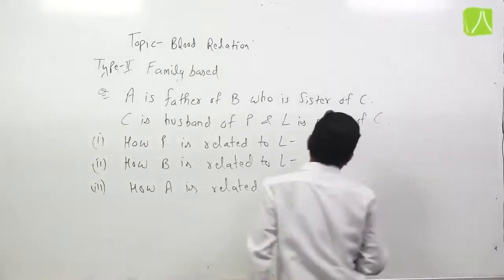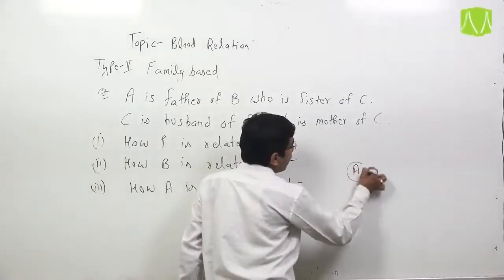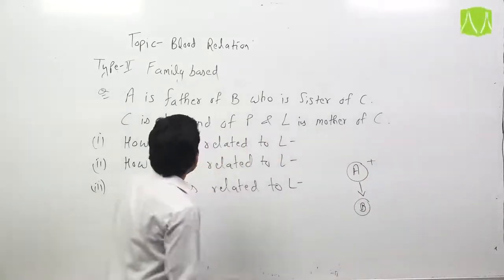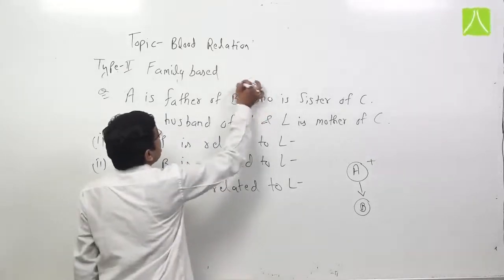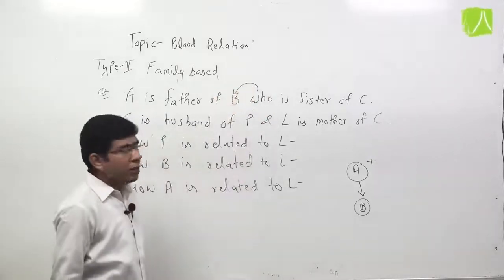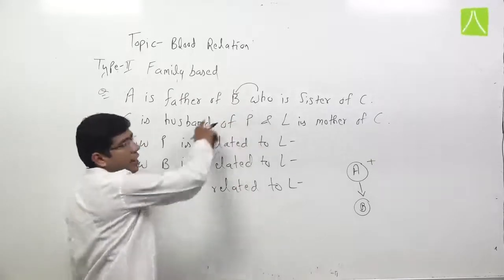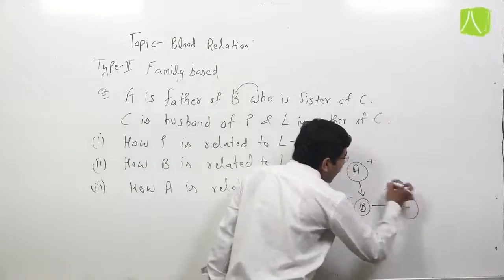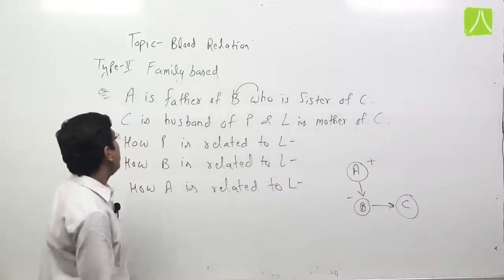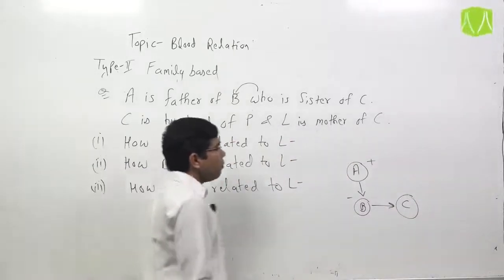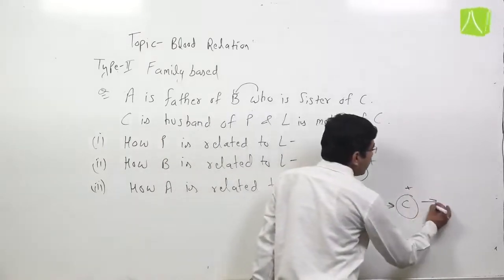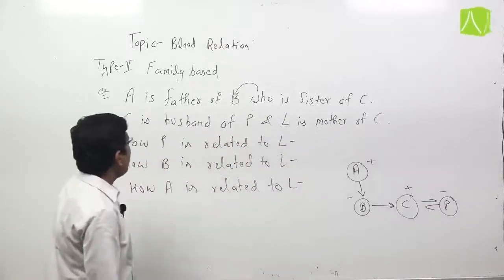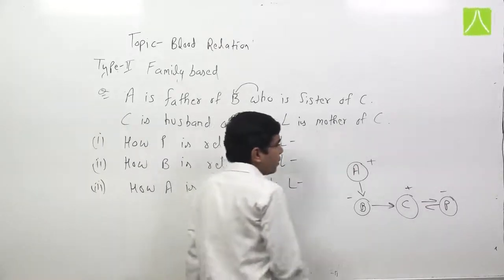A is the father of B. Who is sister of C? Means this who belongs to B, because who denotes the second person. B is a sister of C, that means B is a female and she is a sister of C. C is the husband of P, means C is a male person, and L is mother of C.